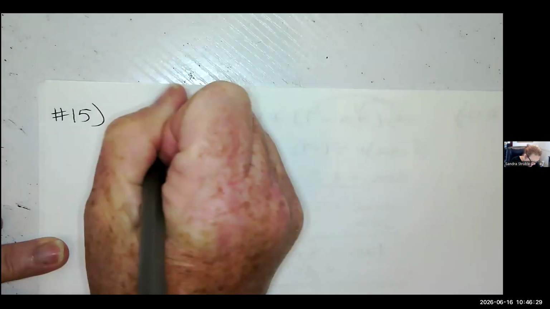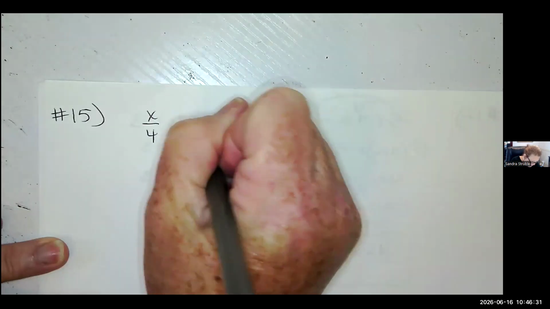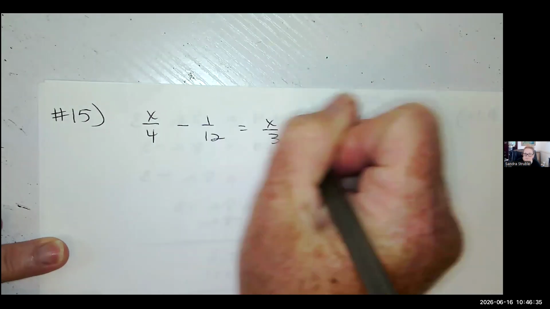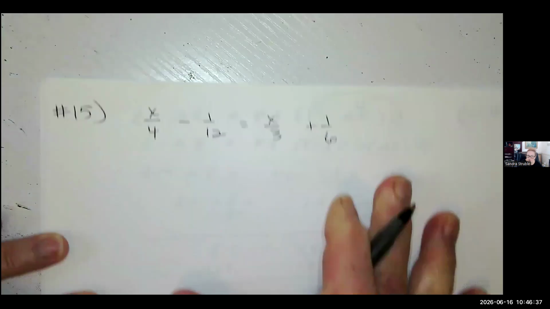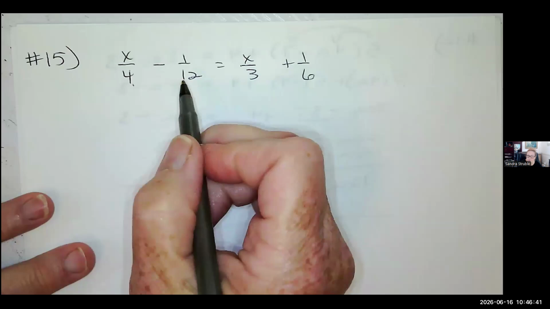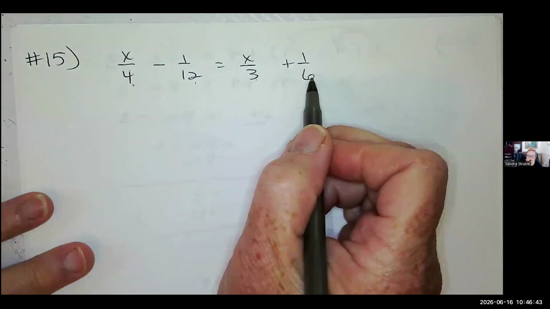15. X divided by 4 minus 1 divided by 12 equals X divided by 3 plus 1/6. Okay, common denominator. 4 goes into 12, 12 goes into 12, 3 goes into 12, and 6 goes into 12. That is the lowest common denominator that they all go into.